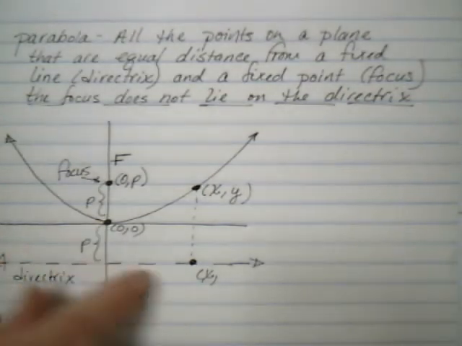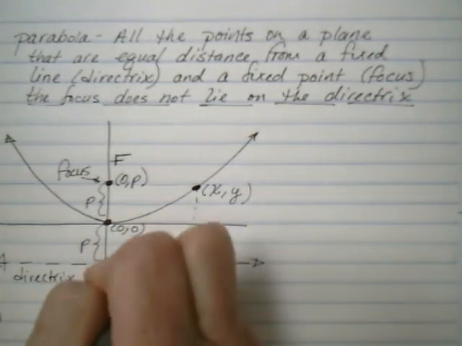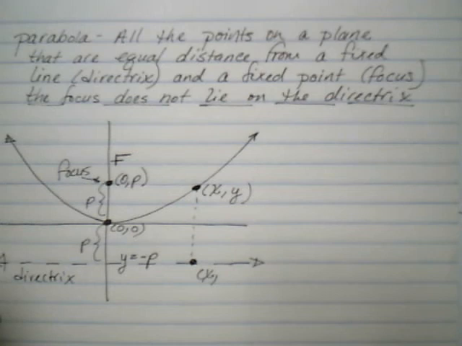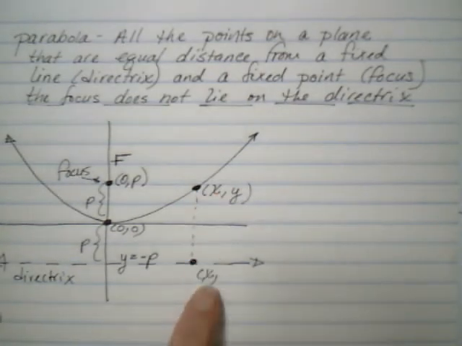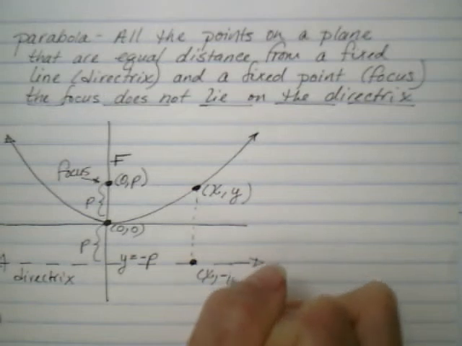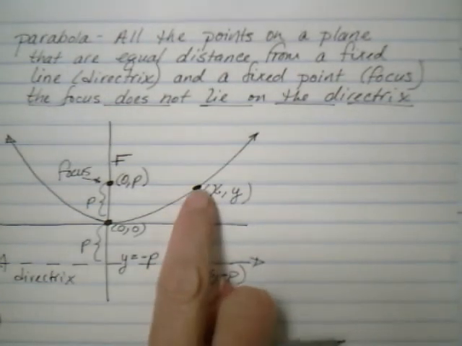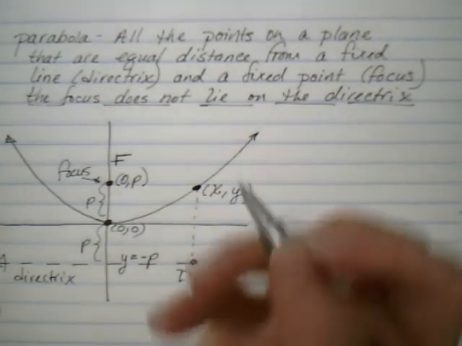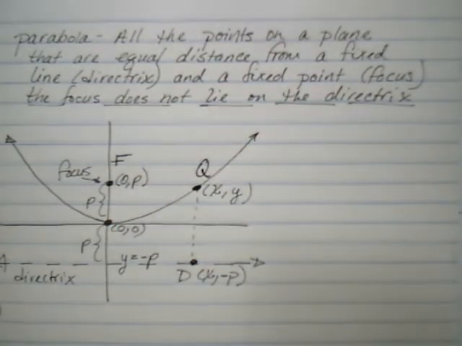So that gives us this horizontal line, this directrix, to be y equals negative p. Which gives us the coordinate down here, because if we drop this straight down, using that same x value, the y value is going to be negative p, because we're on that horizontal line. We'll call this point D for directrix, and let's call this point here Q, just to give it some arbitrary name.